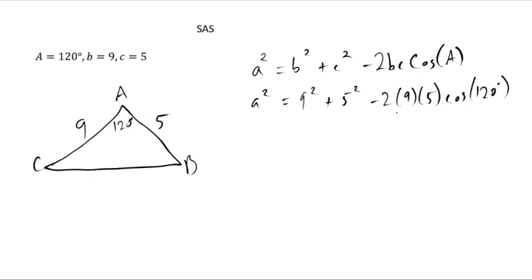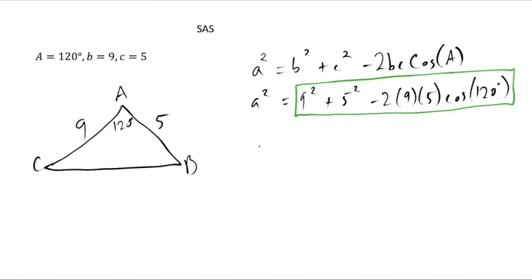So I'm just going to put this entire right side in my calculator, just as I see it: 9 squared plus 5 squared minus 2 times 9 times 5 times the cosine of 120 degrees, and I get out 151.